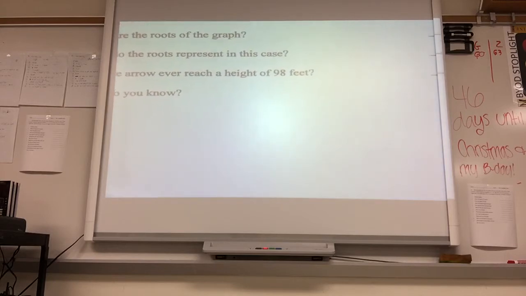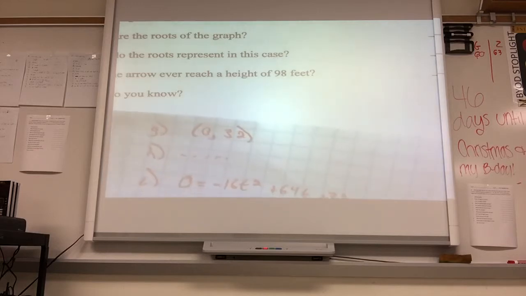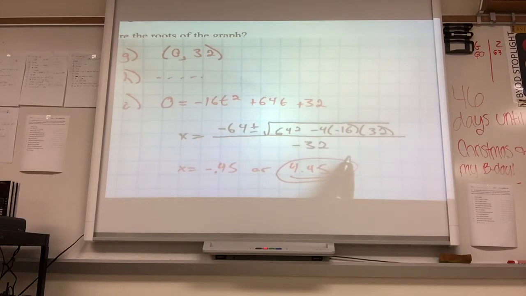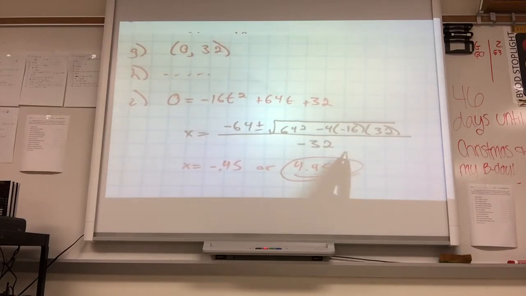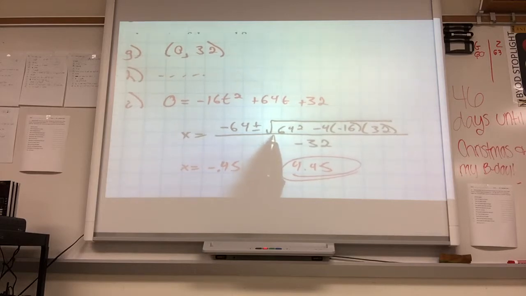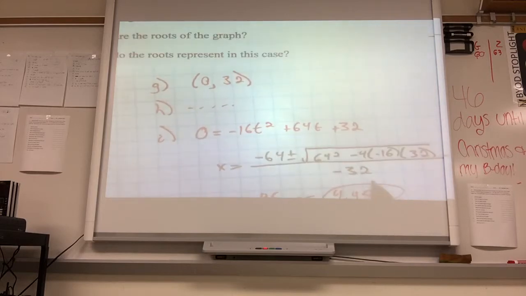I got left with negative 64 plus or minus the square root of 6064 all divided by 32. I mean, that just takes forever. Without a calculator, 64 times 64 minus 4 times negative 16 times 32 divided by negative 32, all that junk. Take the square root of it first. Seriously, it would be tough, like without graphing it, not without the calculator. All right. Well, hold on a second.